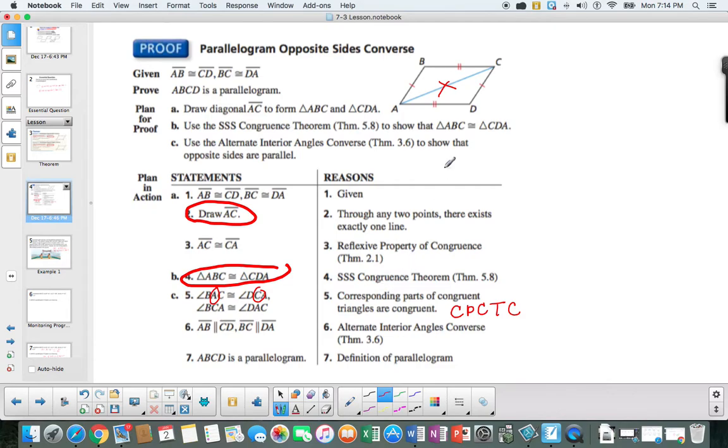Now once the triangles are congruent, we'll be able to say that this angle right here is congruent to this angle, and this angle right here is congruent to this angle because of CPCTC. Now these happen to be alternate interior angles that are congruent, which allow us to say that these lines are parallel. And if we can show that opposite sides are parallel, the definition says it's a parallelogram.